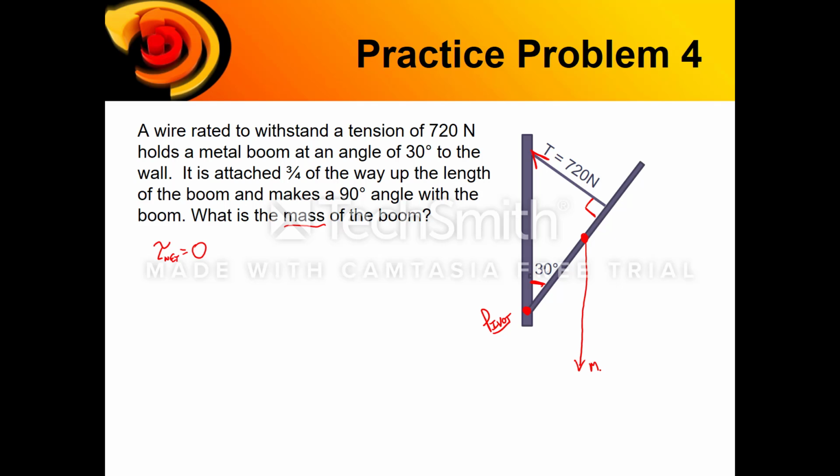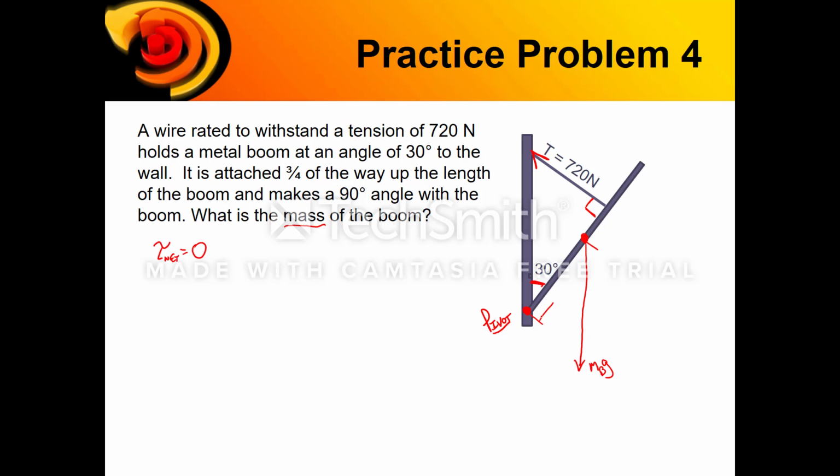So the force would be that weight force, the mass of the boom times gravity, the gravitational force acting on it. And that means that the distance from the pivot is exactly half.